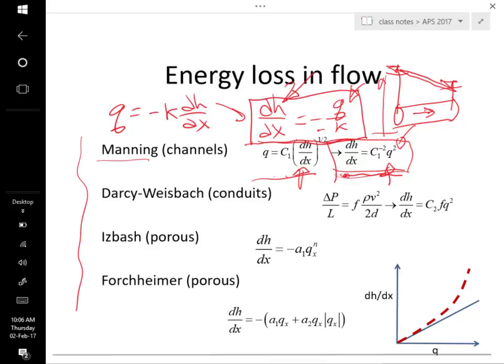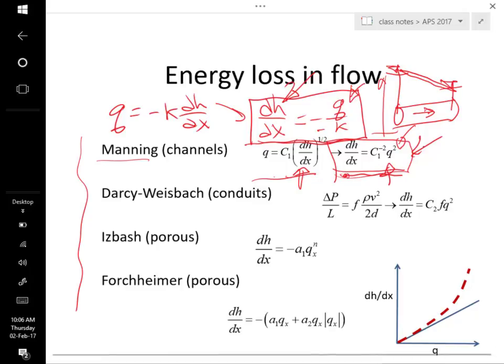So if the head gradient is how rapidly the energy is lost along the flow, then I double the flow rate, I double the rate at which the head is lost. So that makes sense. But under turbulent conditions, if I double the flow rate, then I increase the head gradient by a factor of 4.